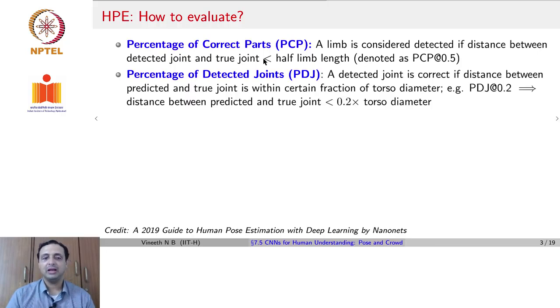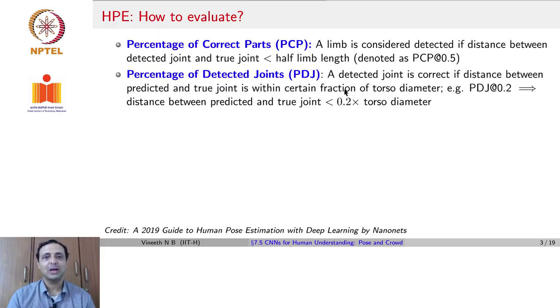A related metric is known as percentage of detected joints, PDJ, which states that the detected joint is correct if the distance between the predicted and the true joint is within a certain fraction of the torso diameter.